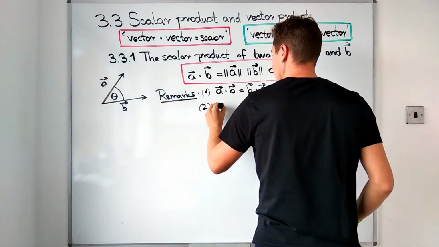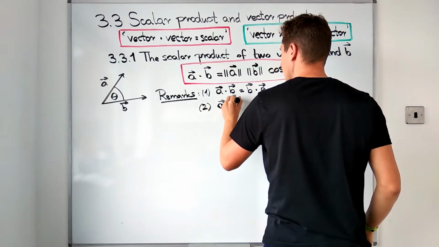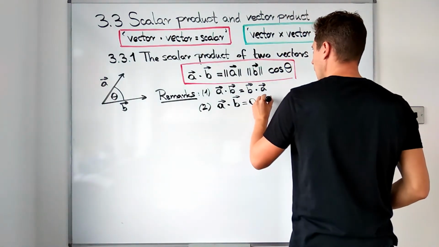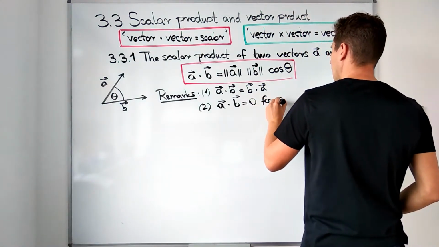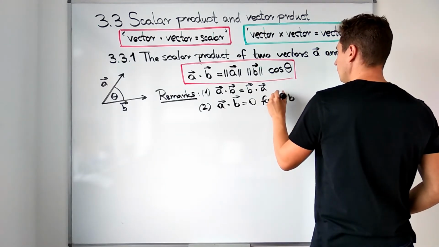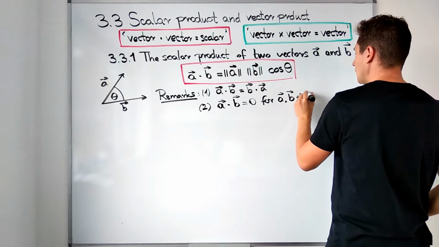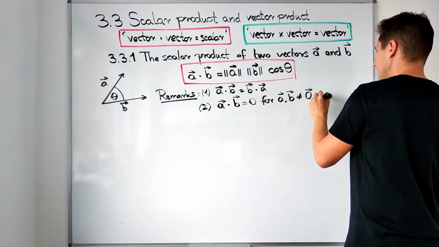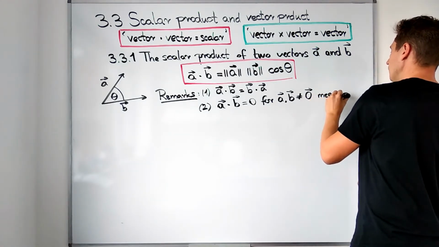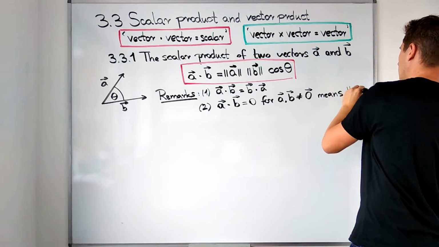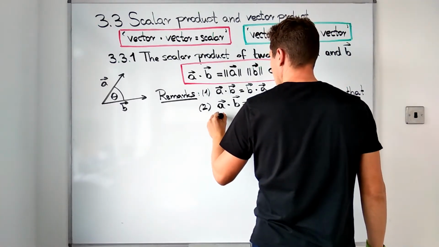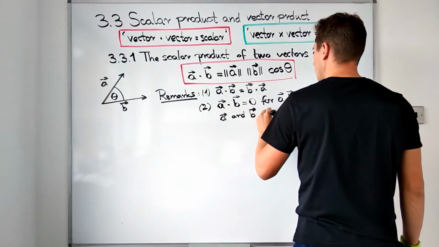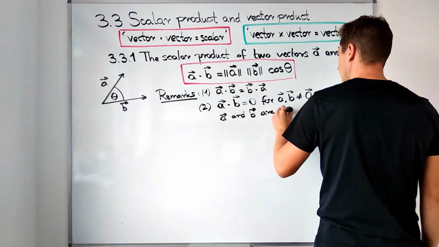So the way that the scalar product is 0 for non-zero vectors a and b, being not equal to the 0 vector, which has length 0, means that a and b are perpendicular to one another.